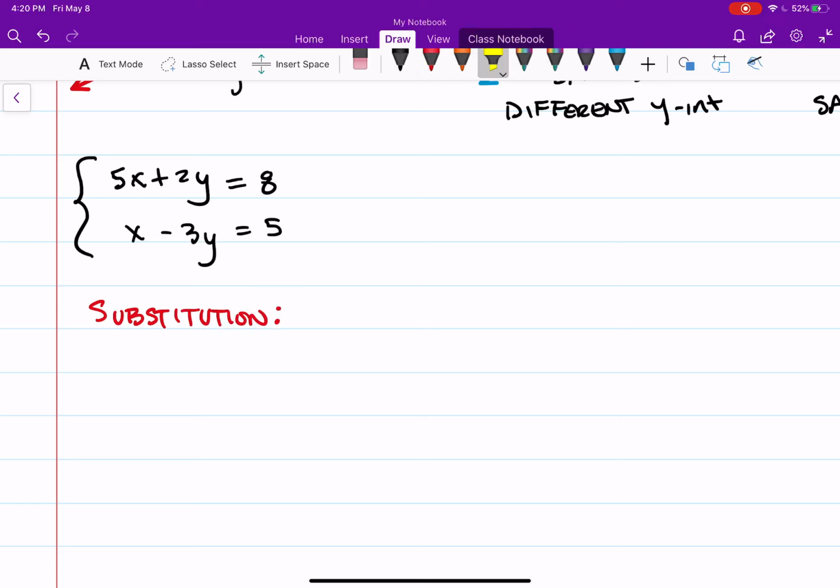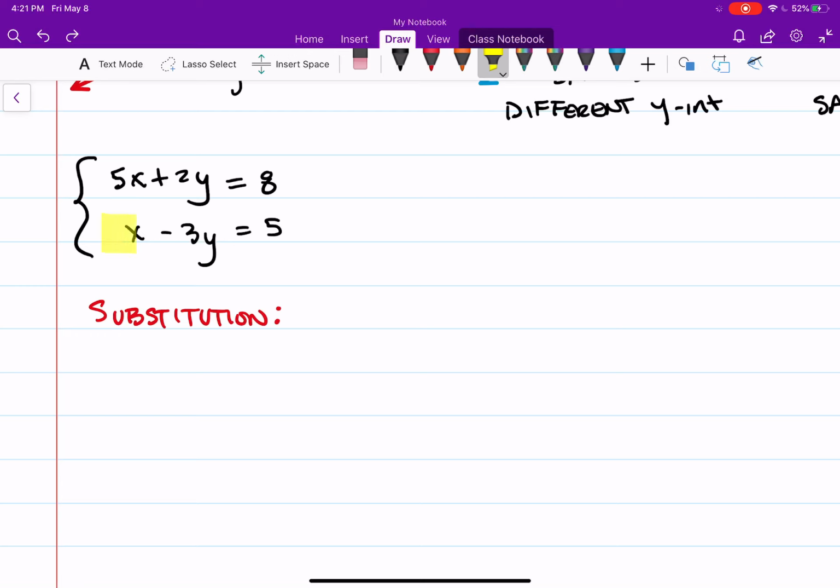All right, so here's the thing. With substitution, here's what you want to do. You want to look at these coefficients and ask whether either equation has a coefficient that is a 1. And the answer is yes.